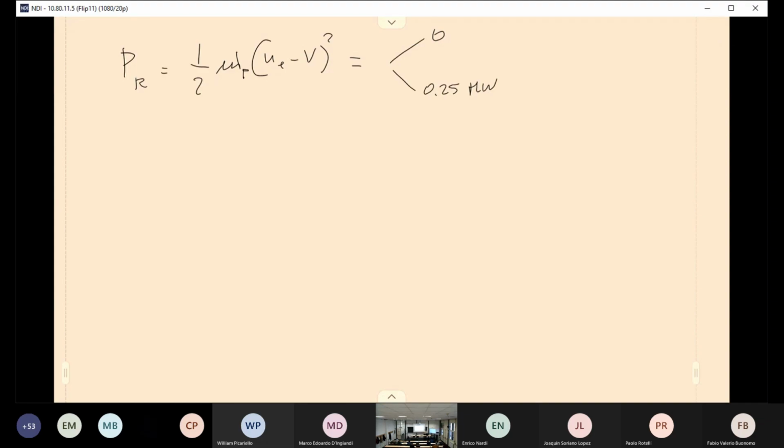And we can now evaluate, say 1 and 2, the available power.